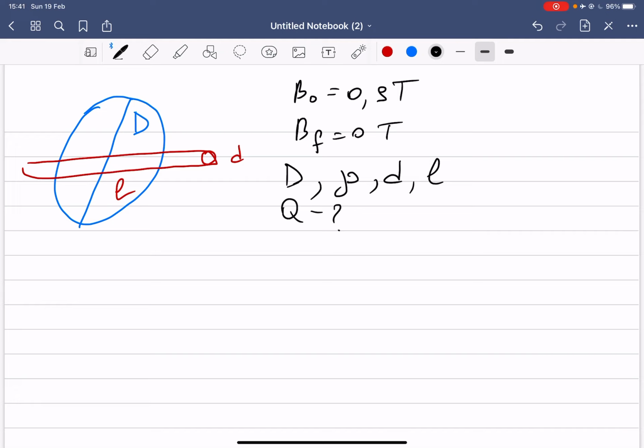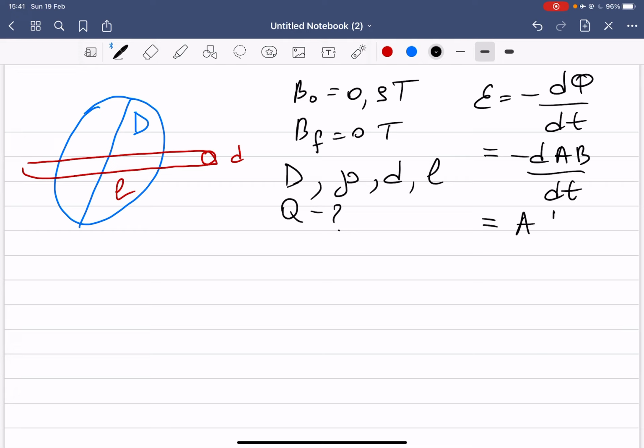So let's start writing the formulas. First of all, we know that EMF is equal to the negative of the magnetic flux over dt, correct? And we also know that it's equal to the d(area times B) over dt, and we also know that the area is a constant, so it is area times dB over dt.